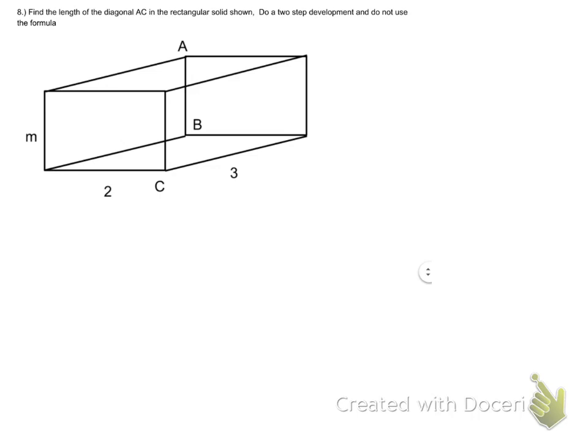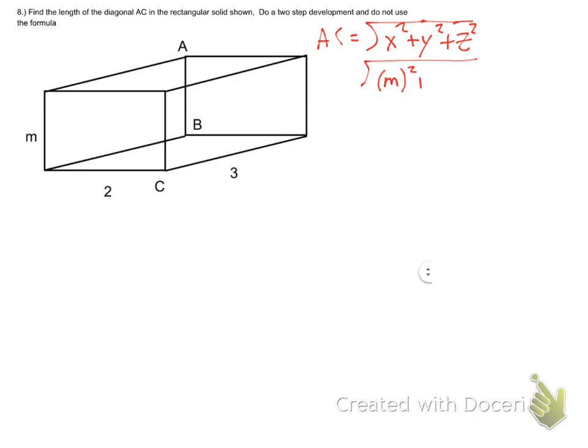Okay, so what was the formula again? AC will equal the square root of x squared plus y squared plus z squared, where x, y, and z are the three sides. So square root of, what's one of the sides? A is not one of your sides. M is one of your sides.